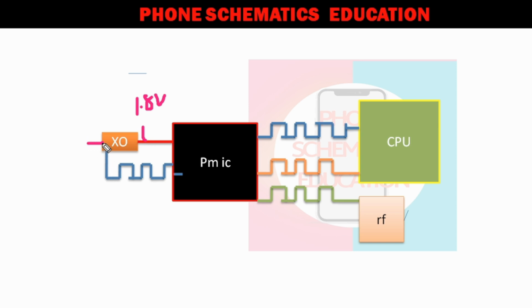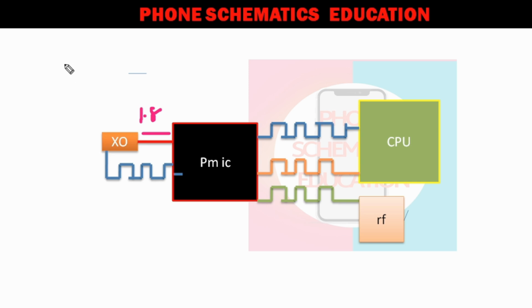This converts it to frequency, and the frequency goes back to the power IC. This is called the clock signal. I will explain. The power IC gives 1.8 volts, and the crystal converts this voltage to frequency.